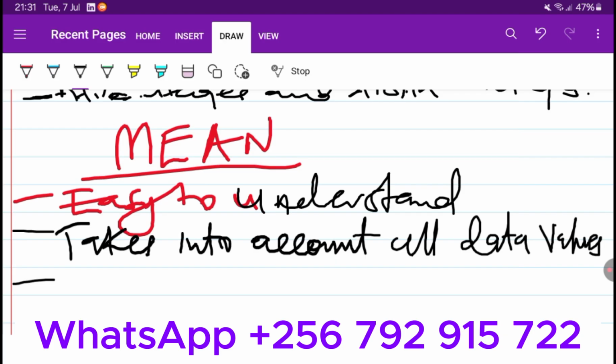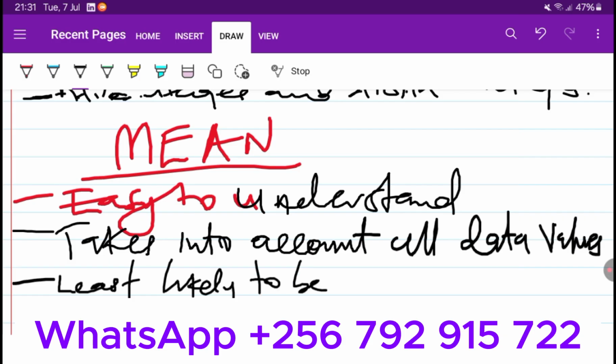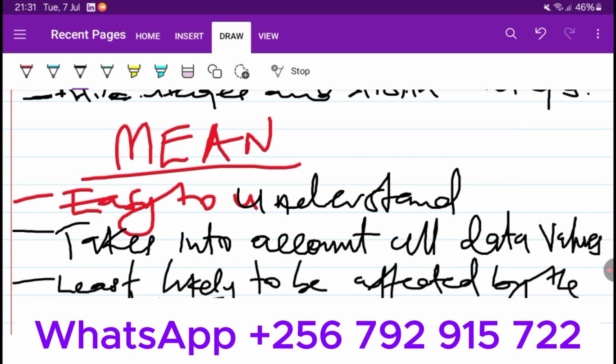This one is going to be least affected by sampling errors. So least likely to be affected by the sampling errors.